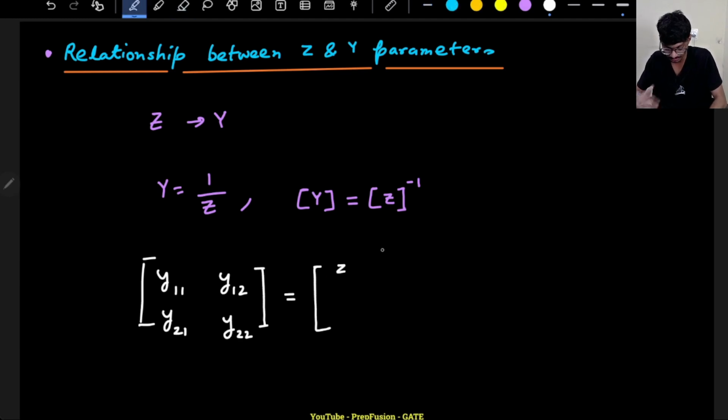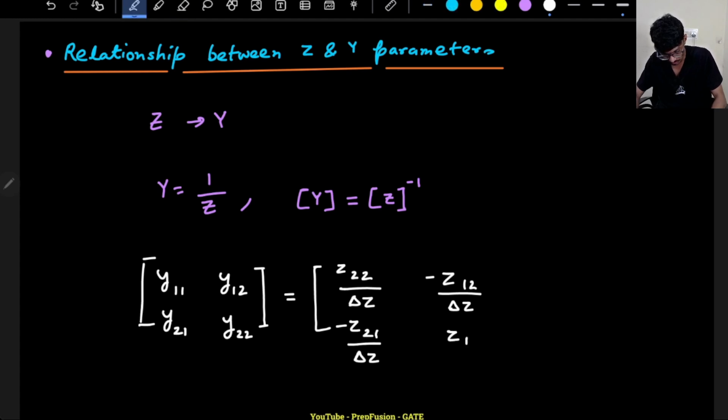The main diagonal elements will be swapped, so it will be z22 divided by determinant of z, minus z12 divided by determinant of z, minus z21 divided by determinant of z, z11 divided by determinant of z.